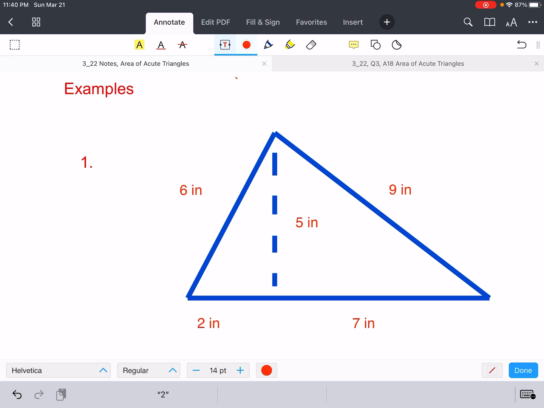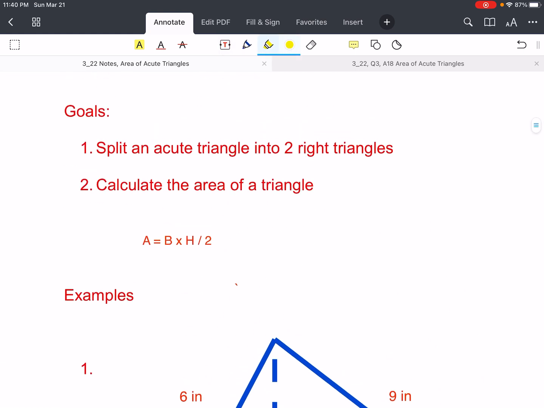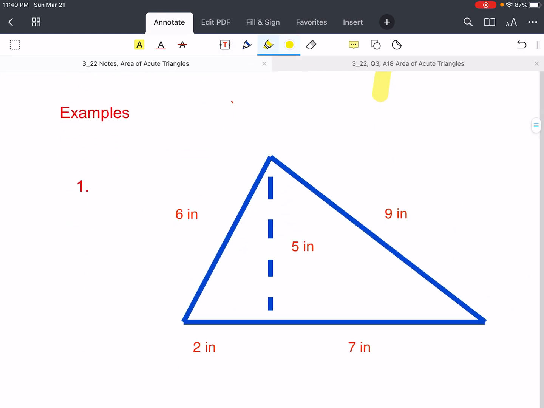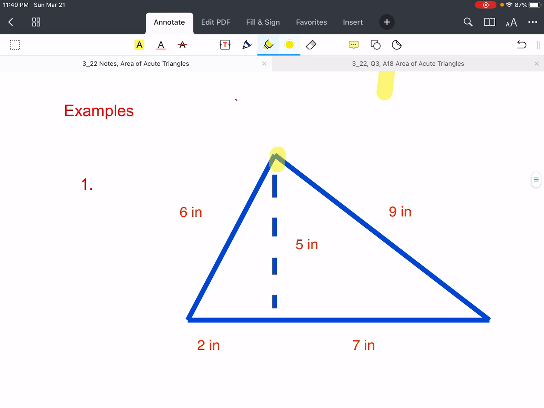So the first method is, if we took our imaginary line that showed us the height, we could split our acute triangle into two right triangles. So we would have a triangle here.